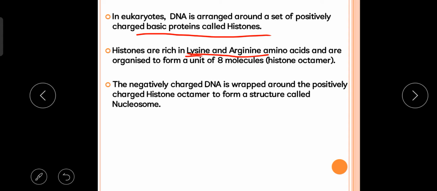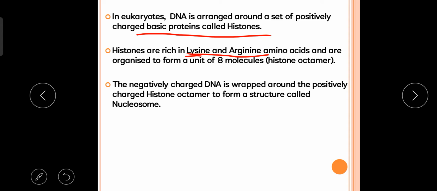There are four different types of histone protein in the core region of the nucleosome structure, and they are found in pairs.